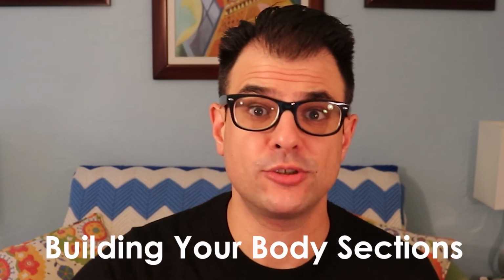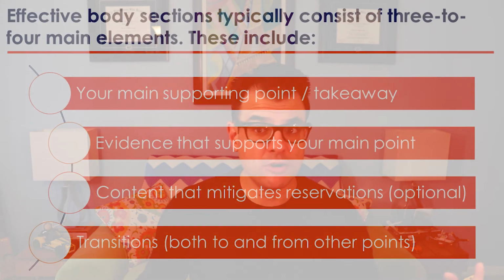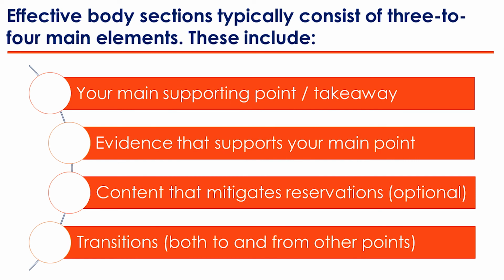Next, let's move on to building your body sections. Now, effective body sections typically consist of 3 to 4 main elements. First and most importantly, you've got your main supporting point or takeaway, the idea or theme that you're emphasizing throughout this body section that connects back to your overall solution or proposal.